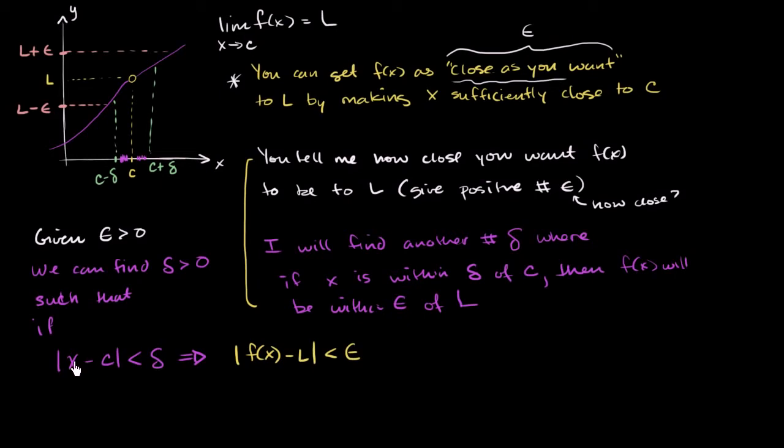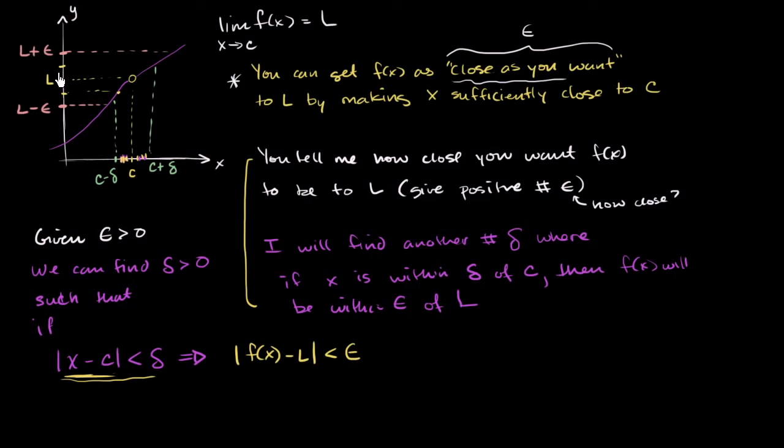So all this is saying is if the limit truly does exist, it truly is L, then if you give me any positive number epsilon, it could be a super, super small one, we can find a delta. So we can define a range around c so that if we take any x value that is within delta of c, that's all this statement is saying, that the distance between x and c is less than delta, then the function evaluated at those x's is going to be within the range that you are specifying.